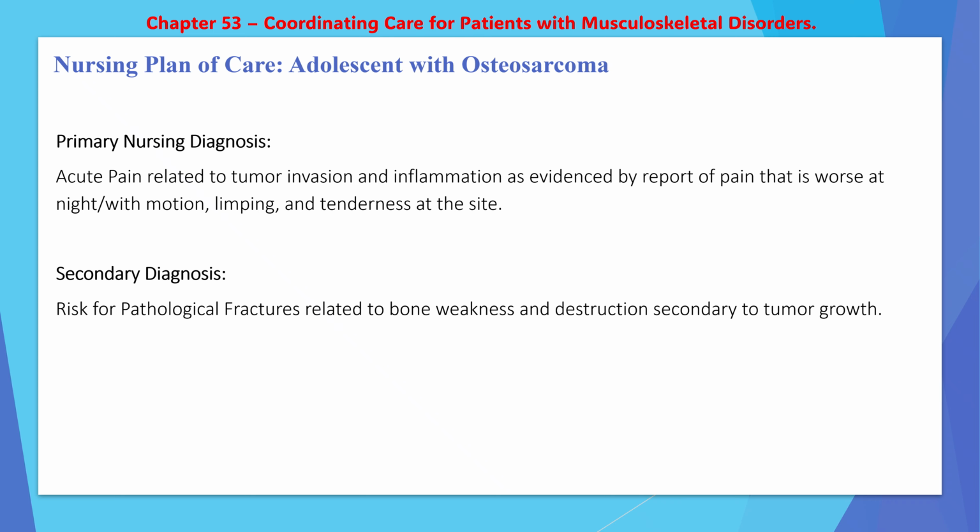Intervention: encourage a high protein, high calorie diet. The rationale is cancer and its treatment increase metabolic demand. Protein is essential for tissue repair and wound healing. NCLEX domain basic care and comfort. So encourage a high protein, high calorie diet.